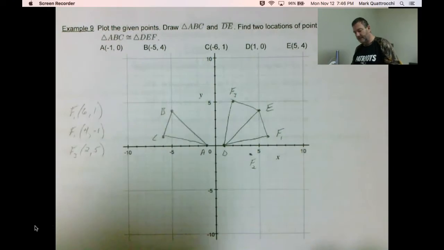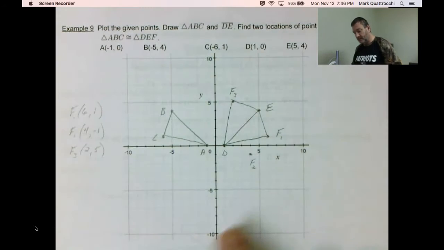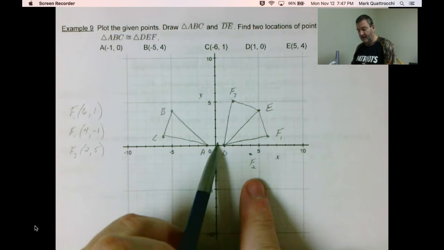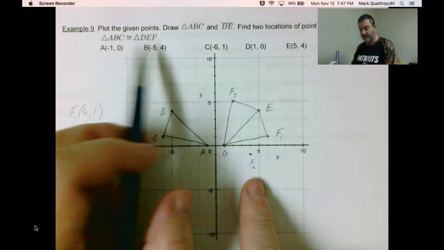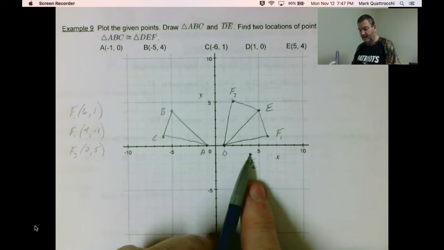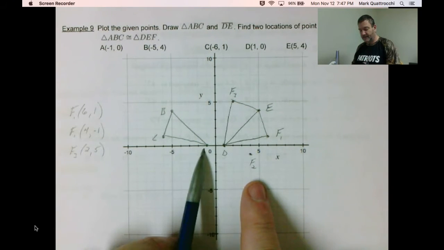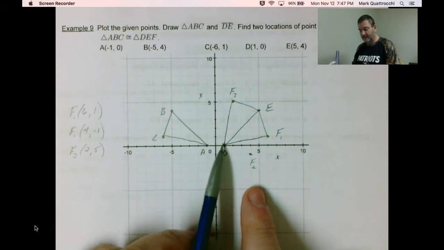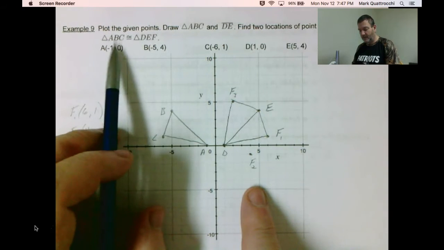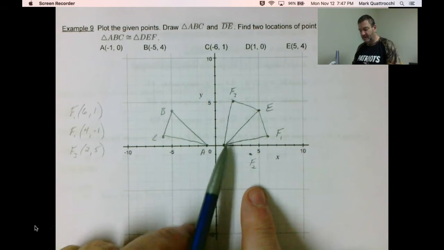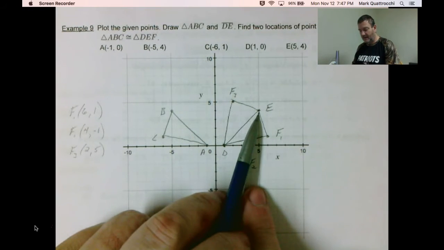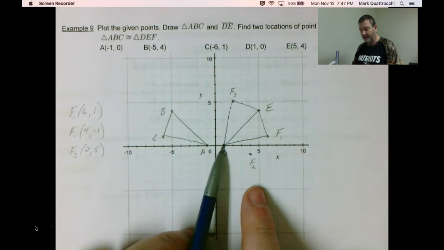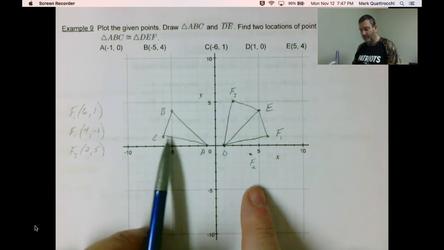I knew I was right the first time. So, point F2 does not work, because F to D has to be the same length as A to C. F to D is not the same length as A to C. So if I put point F in this location, triangle ABC would not be the same as triangle DEF, because FD wouldn't match up with AC.